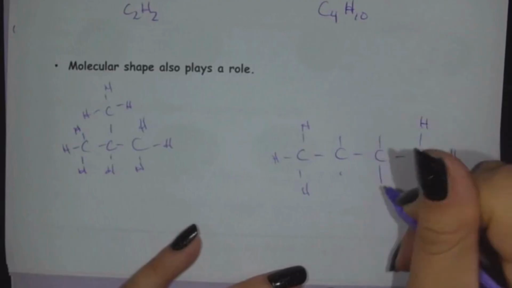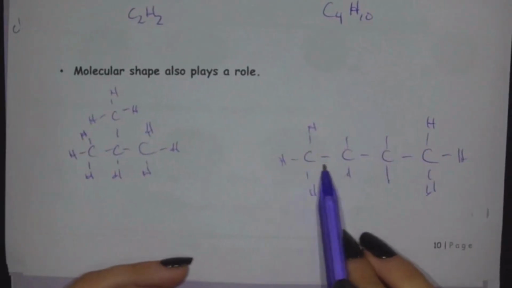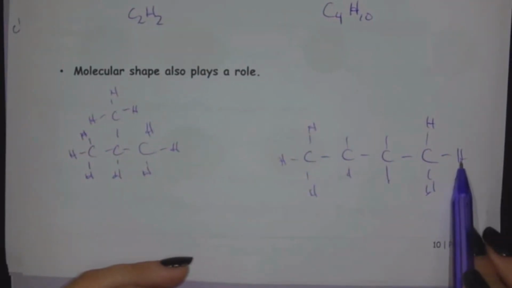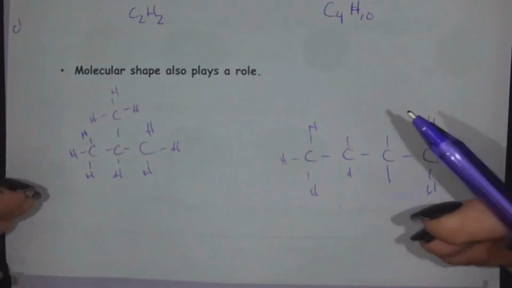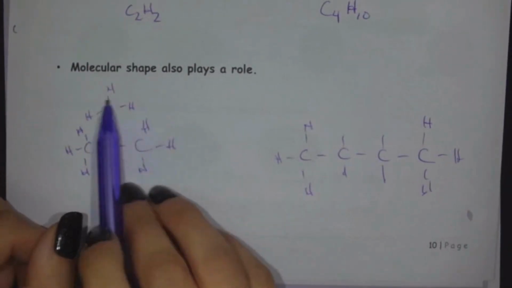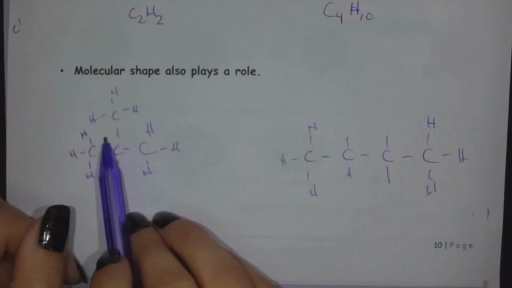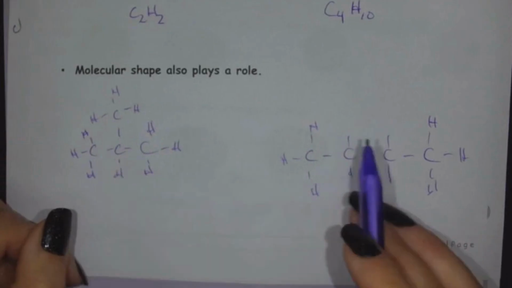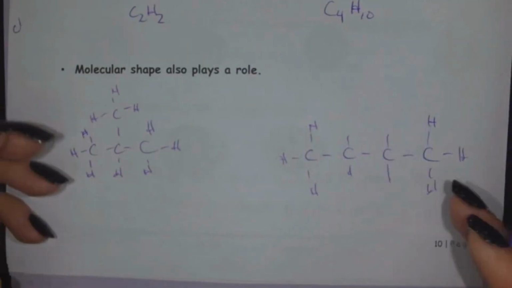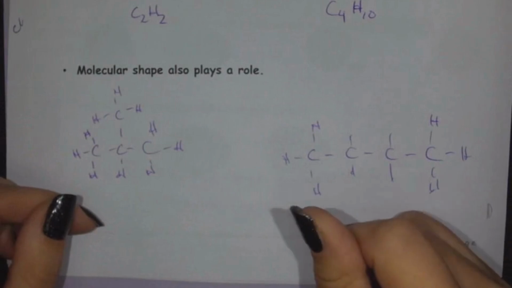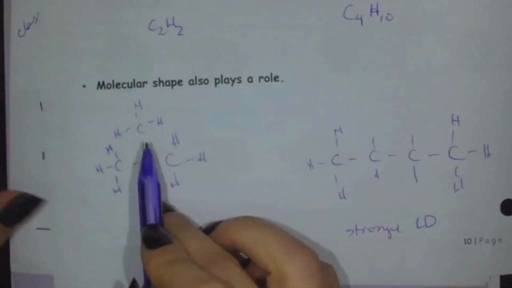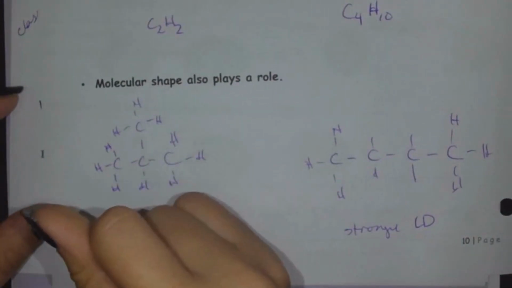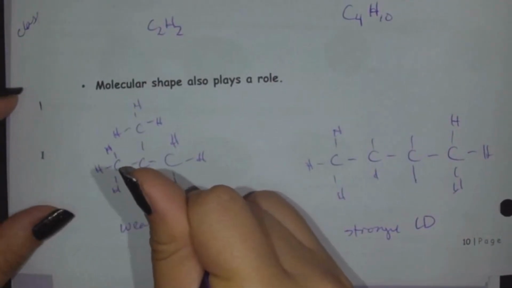And it turns out that these longer molecules have stronger London dispersion, and these crowded molecules that aren't pulled out into long molecules have weaker London dispersion. So the shape plays a role as well. Long molecules have stronger London dispersion, and crowded molecules around the center here have weaker London dispersion.